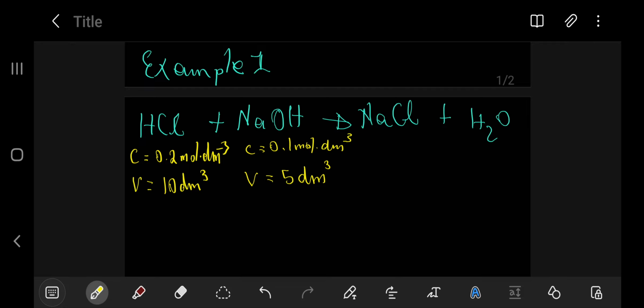All right, so remember, this is a neutralization reaction. Why? Because we have an acid and a base reacting to produce salt and water. And from the statement that we just formulated, we said a concentration of 0.2 with a volume of 10 of the acid reacts with concentration of 0.1, volume of 5 of the base, which is sodium hydroxide.